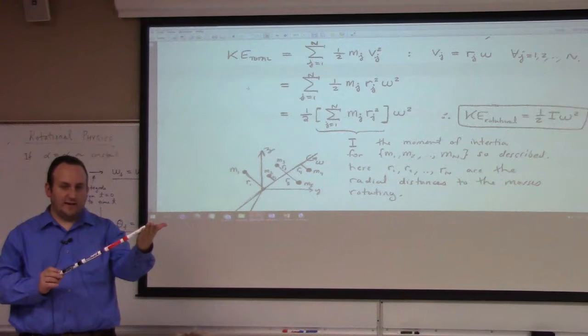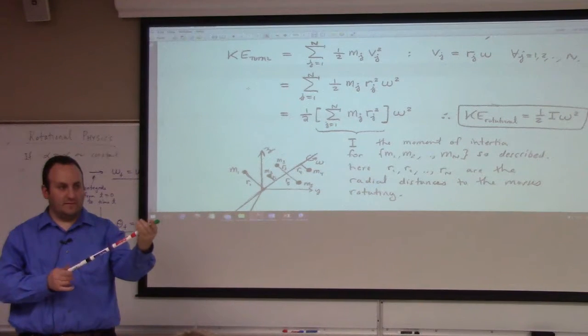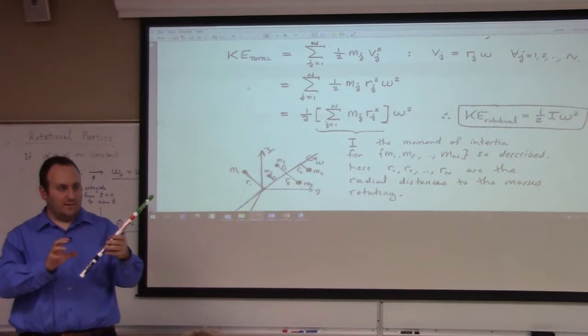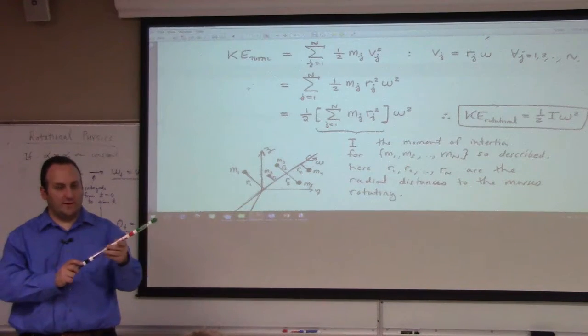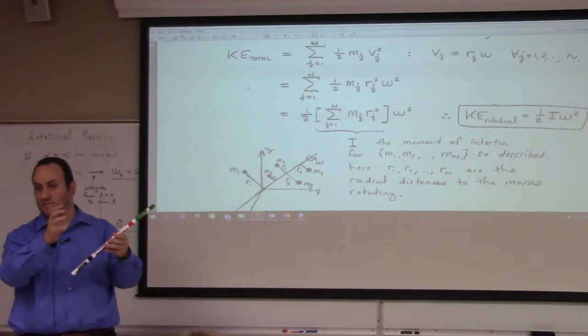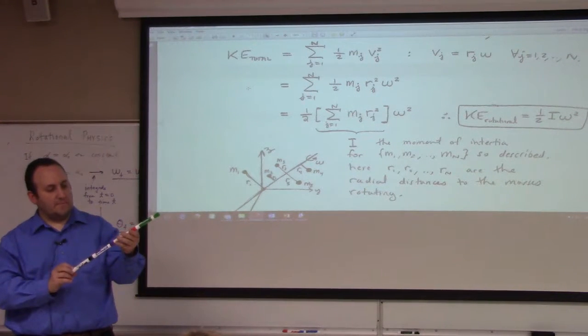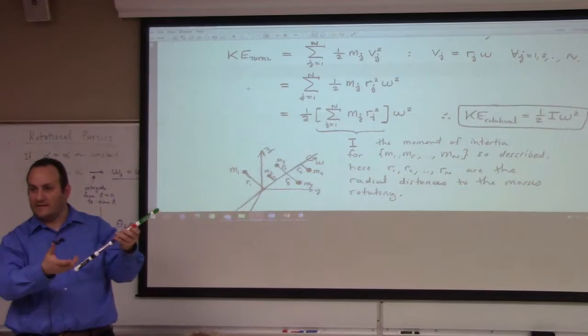Then you're rotating the Christmas tree around its axis. The question is, what's the kinetic energy of the Christmas tree? Suppose the tree is infinitely light too, and all you care about is the mass of the ornaments. Then what's the kinetic energy of such a rotating system?